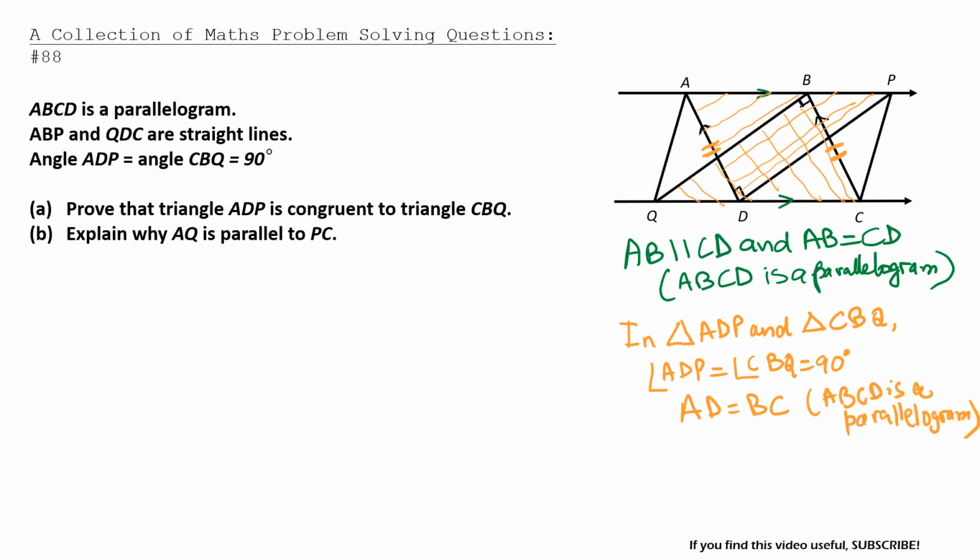And next we see that angle PAD equals angle QCB, because ABCD is a parallelogram and the opposite angles are equal. So if I say this is the opposite angle, they are equal.